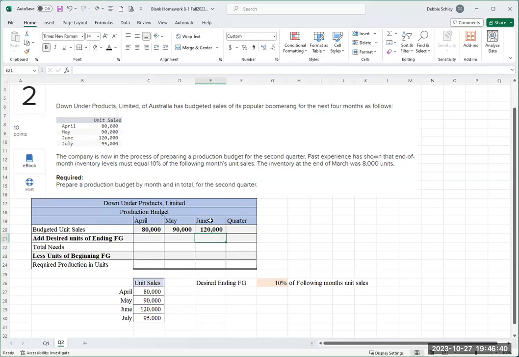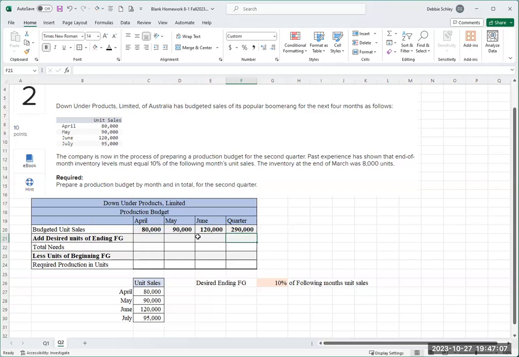And that's as far as they want us to go, June. So we can sum those numbers up for this row. And in this assignment, be careful not to just sum everything up in the quarter line, because that's not how this works in this one. So pay close attention. But for this line, we do sum those across.